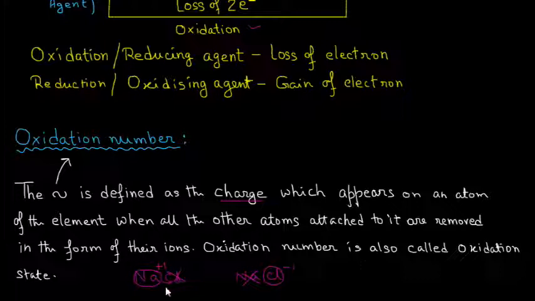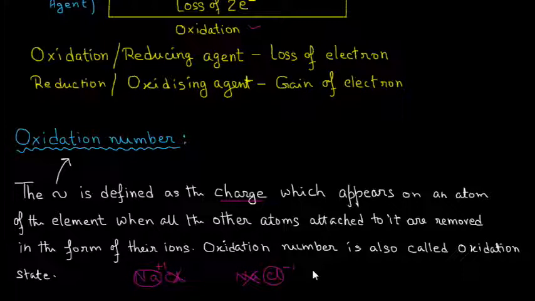In the first case we have removed chlorine, whatever charge is left in sodium, that is the oxidation number for sodium. In the second case we have removed sodium, so what is the charge in chlorine? That is -1. So that is the oxidation number of chlorine.